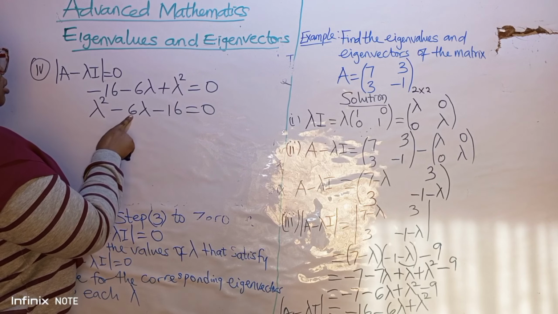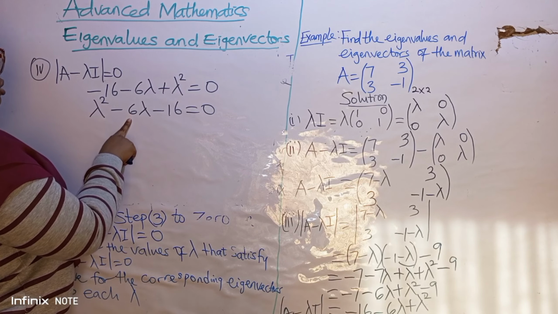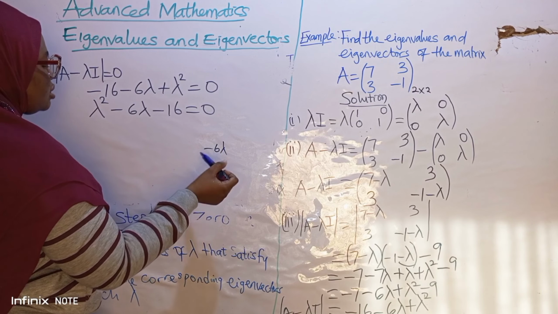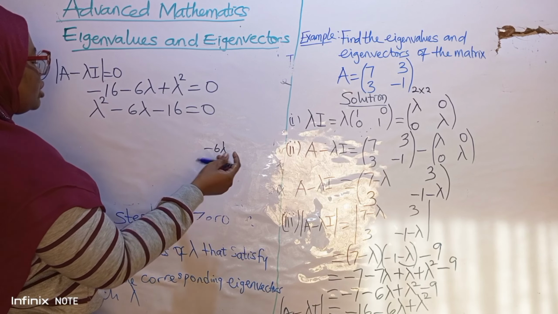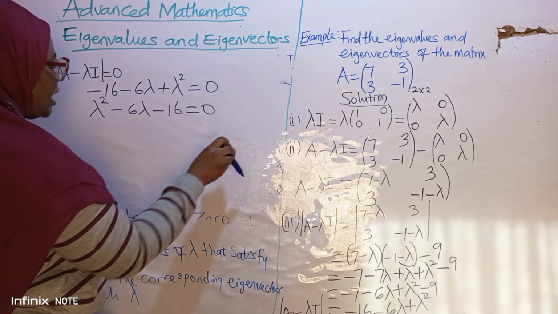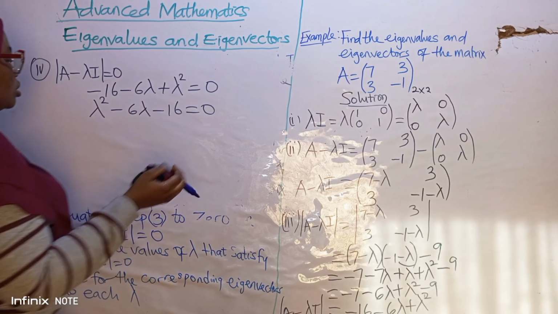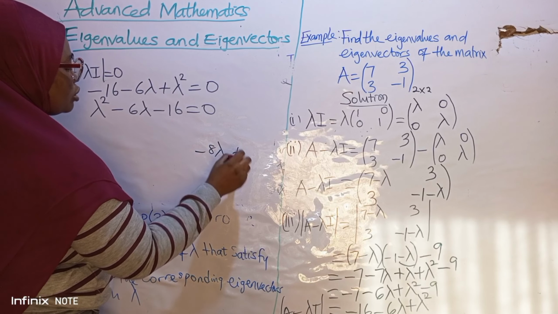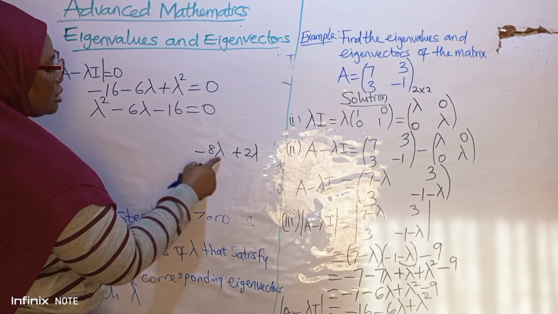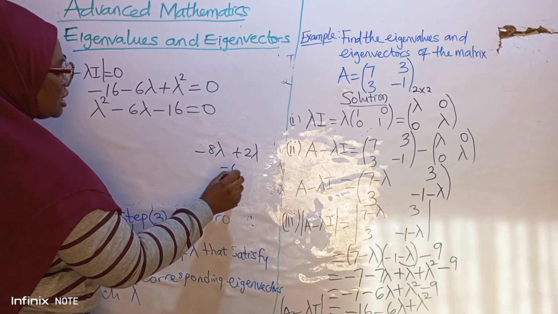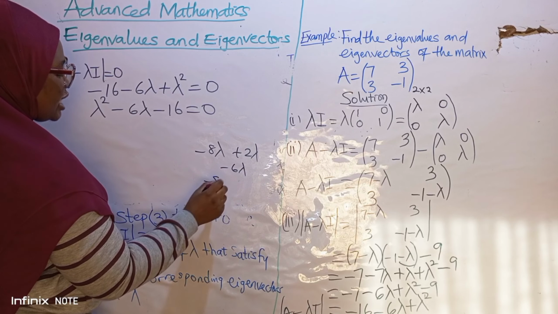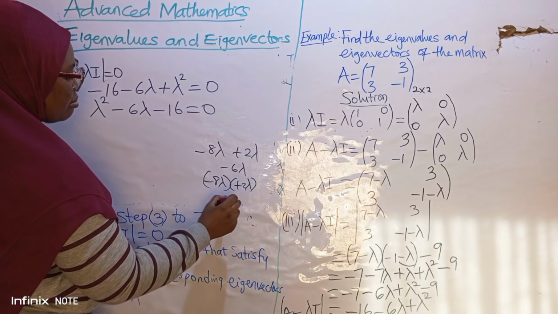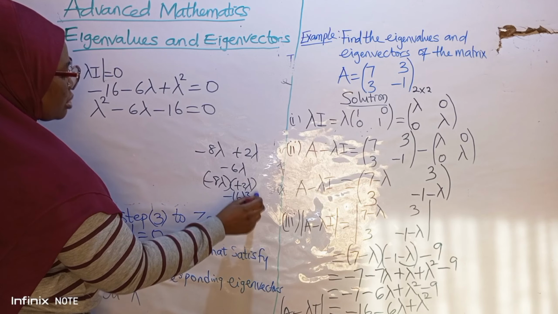So I need two factors of minus 16 lambda squared. If I add together, I'm going to get minus 6 lambda. If I multiply, I'm going to get minus 16 lambda squared. So that will be minus 8 lambda plus 2 lambda. Minus 8 lambda plus 2 lambda will give me minus 6 lambda. Minus 8 lambda multiplied by plus 2 lambda will give me minus 16 lambda squared.